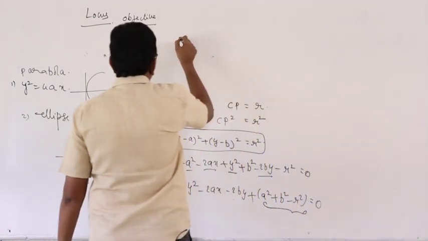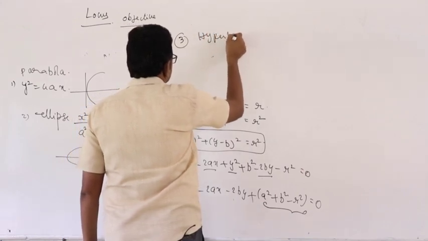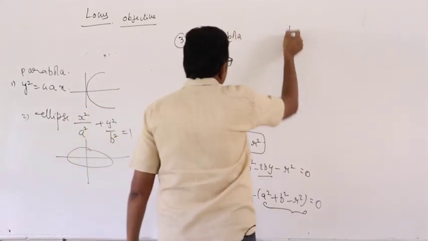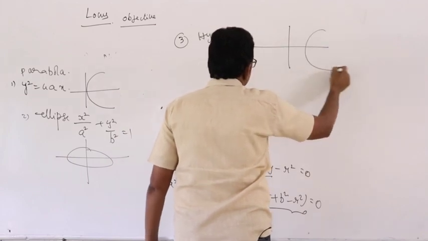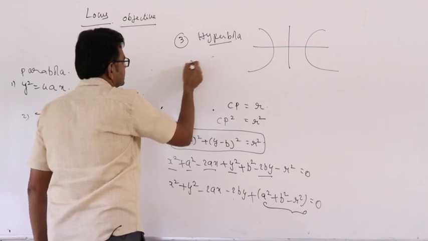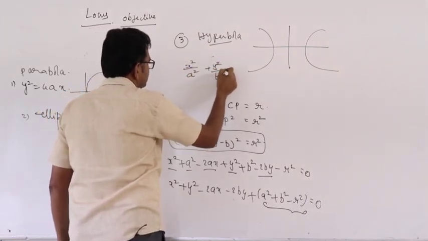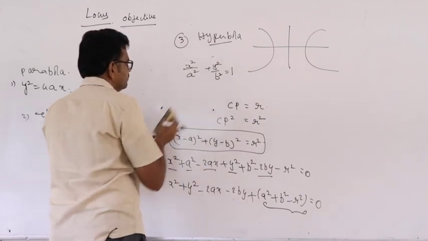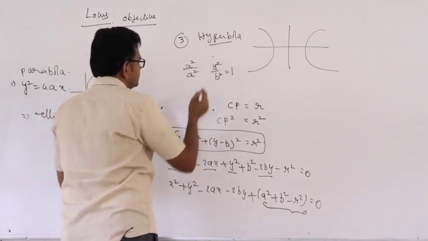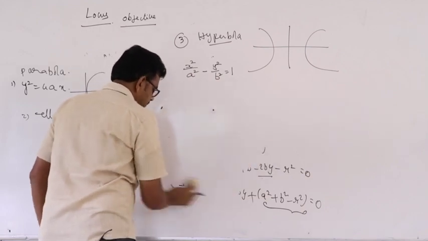And one is hyperbola. This is the standard equation: x²/a² − y²/b² = 1. This is the hyperbola equation.